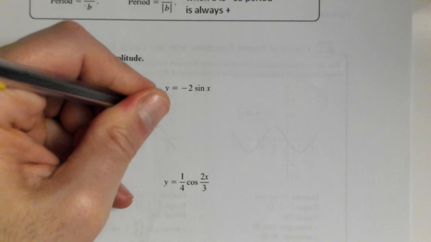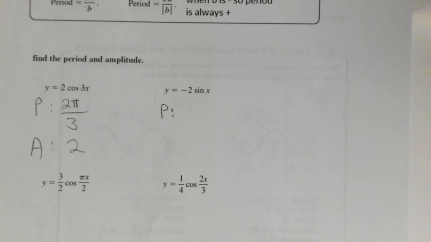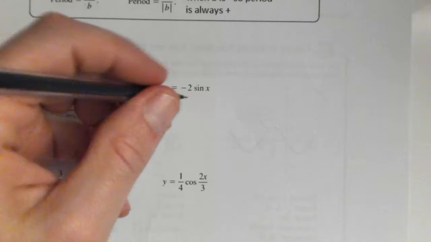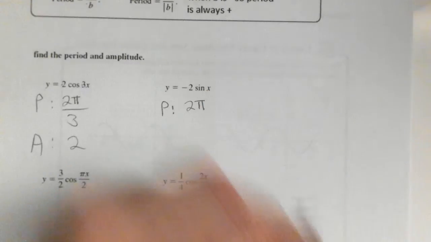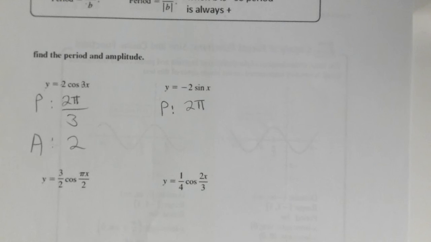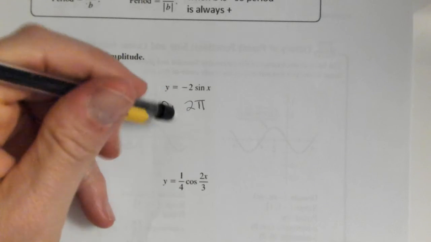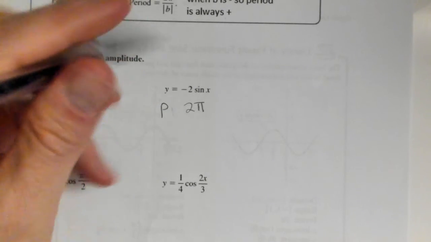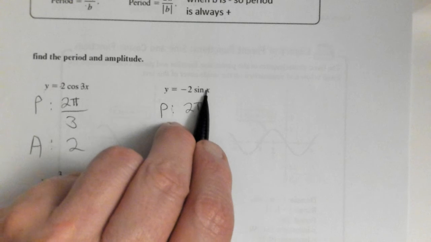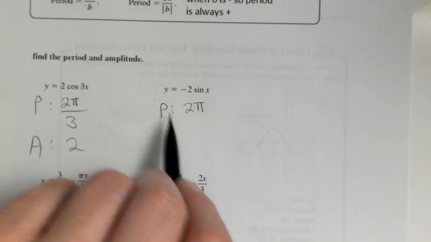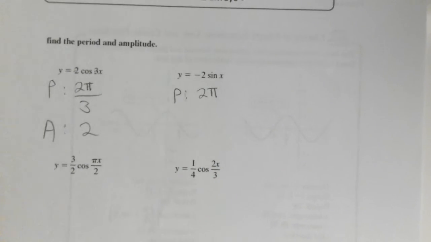Let's take a look. I'm looking for the period again, and so remember, we know that the period is 2 pi over b. And I'm going to stop right there because my value of b is 1, so it'd be 2 pi divided by 1, which we know is just 2 pi. And so again, quickly by looking at that equation, that number is a 1, so the period is going to stay as 2 pi.